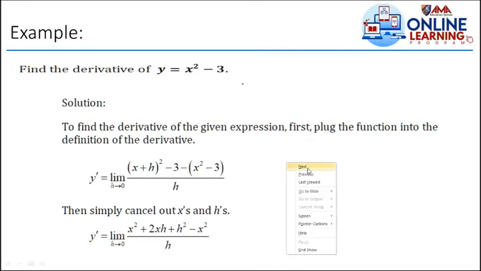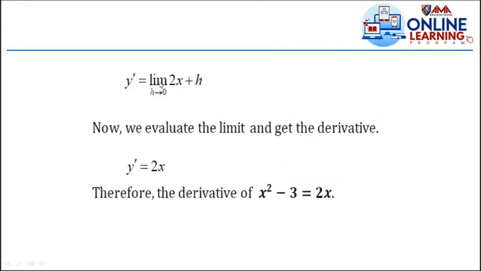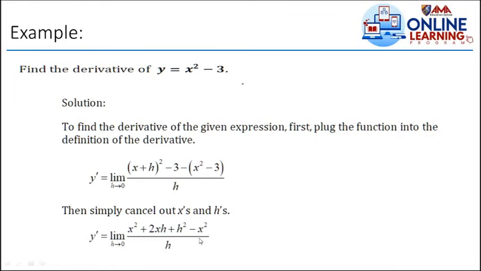Okay? Next. So y prime is equal to the limit of 2x plus h as h approaches 0. How did it become that? If we simplify this one, x squared cancels, collecting like terms. What's left will be 2xh plus h squared.